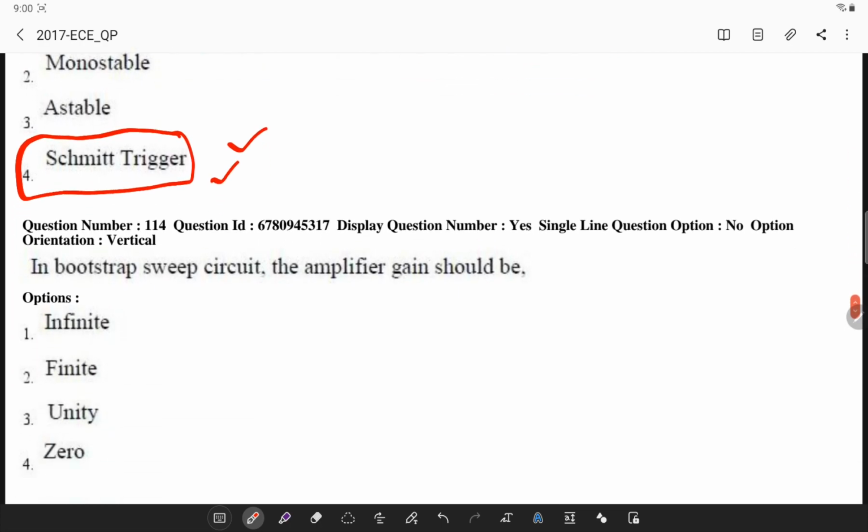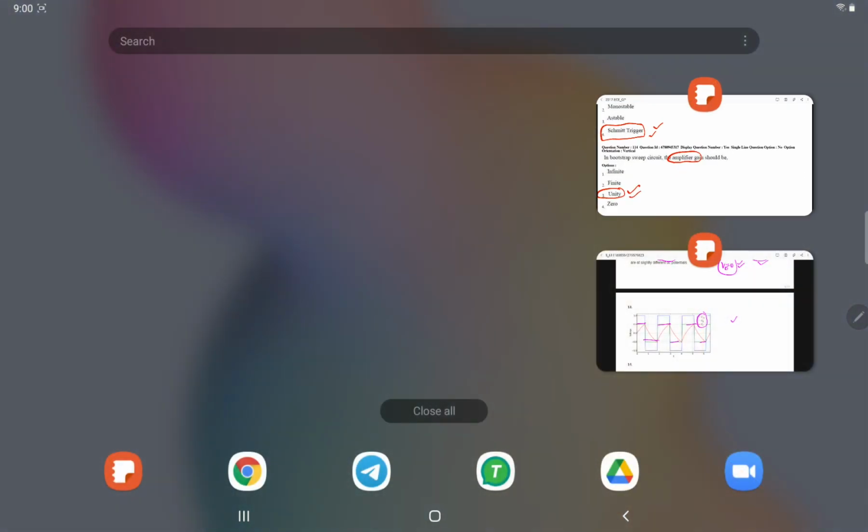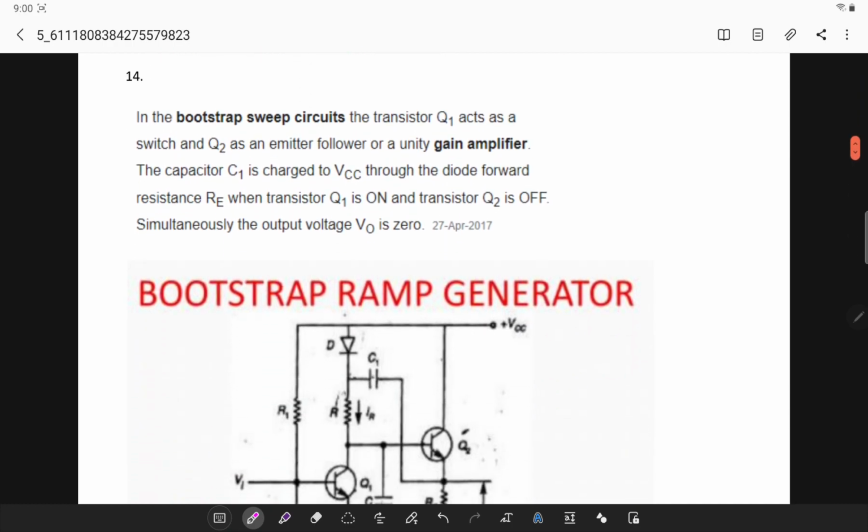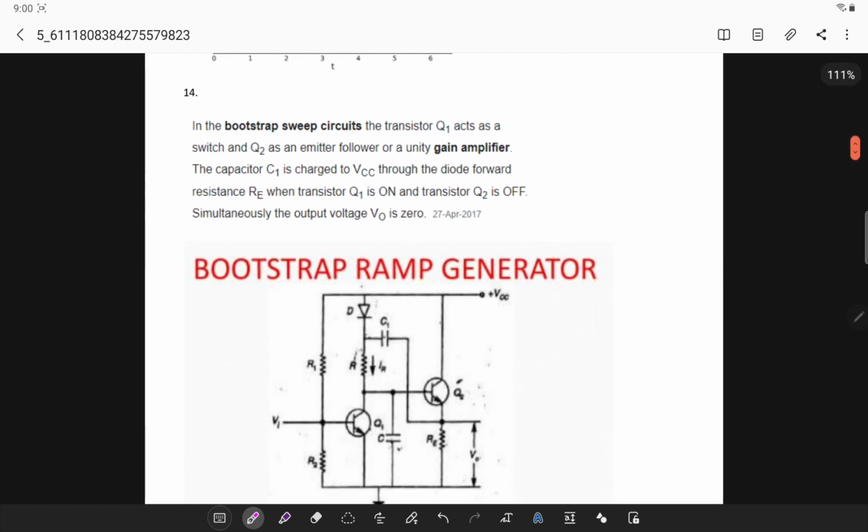Next, in a bootstrap sweep circuit, the amplifier gain must ideally be unity, and I'll show you the reason why it must be unity. If you see this bootstrap ramp generator, the transistor Q1 is used as a switch, whereas this second transistor is used as an emitter follower, so with unity gain.